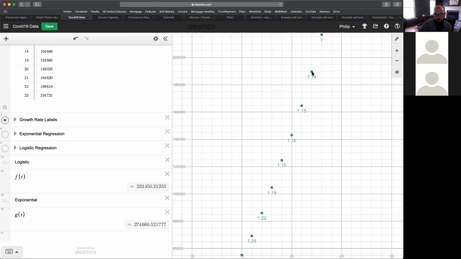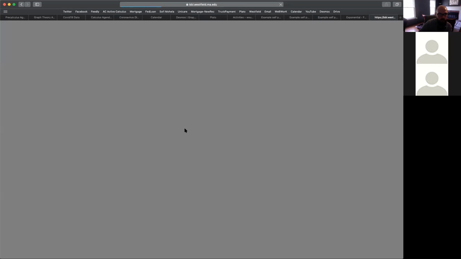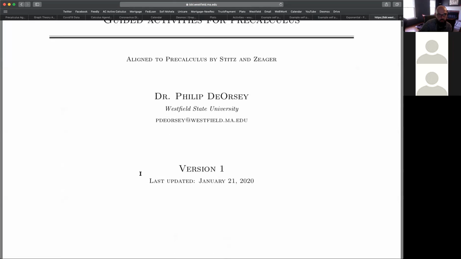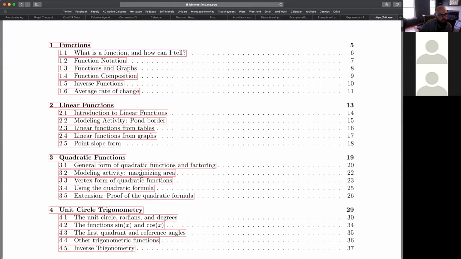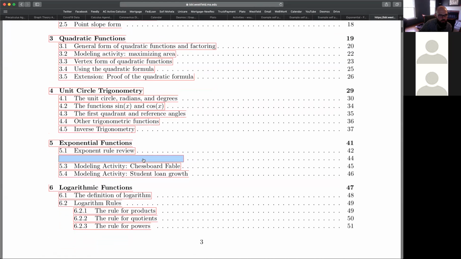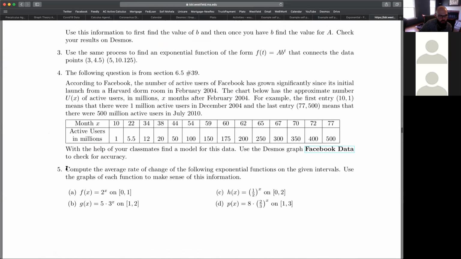So in order to think about these growth rates over a particular period in time, we want to go back to our activities, back to our book. Down at the bottom here, we can look at the average rate of change over particular intervals, right?